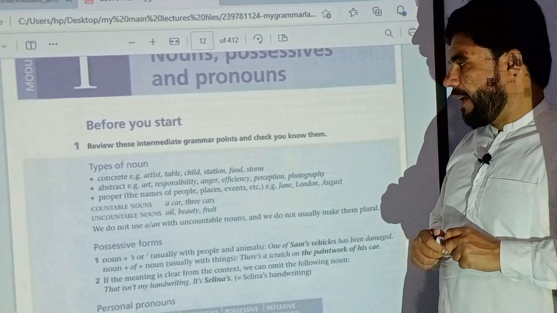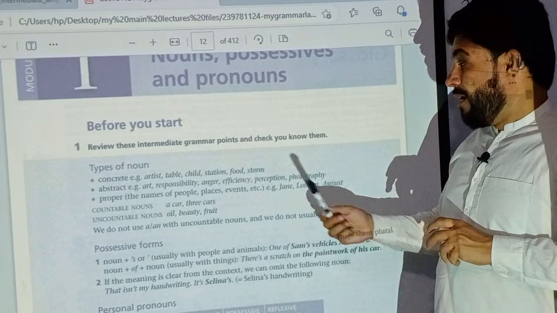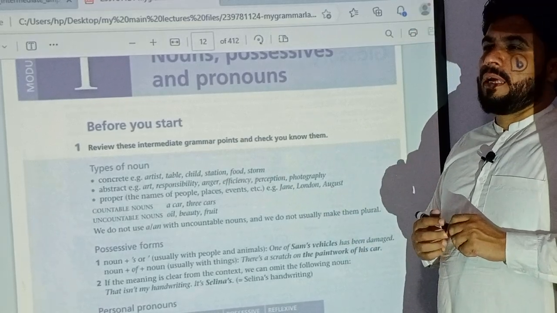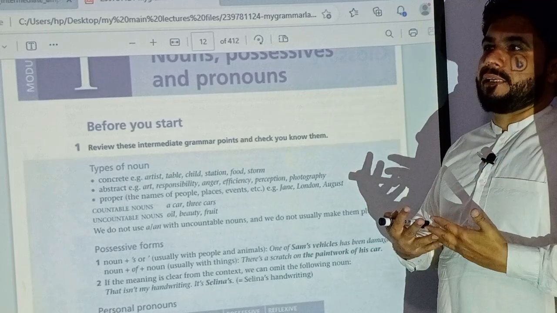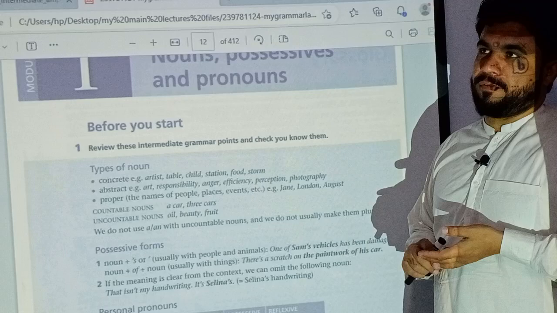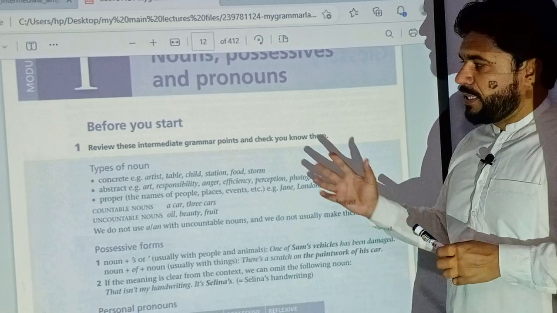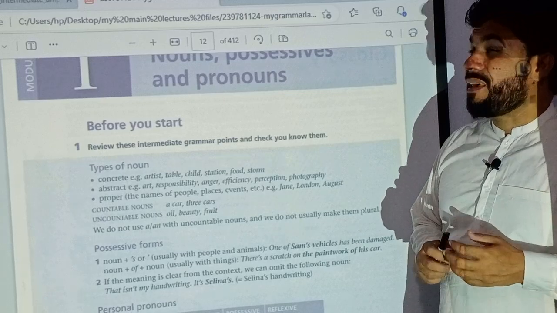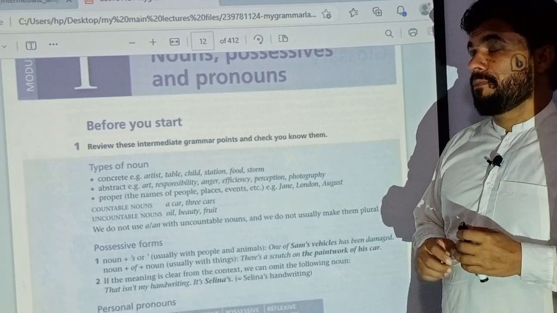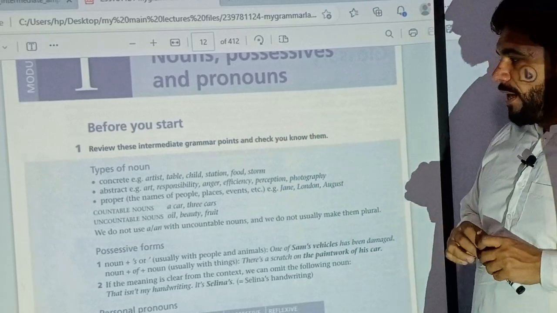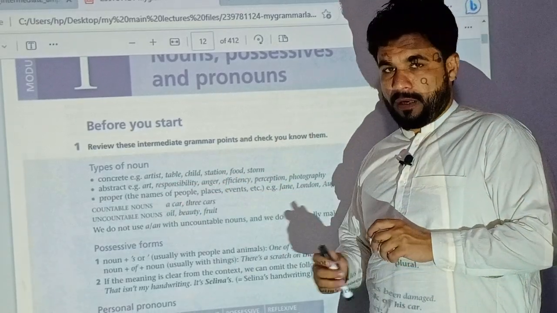Responsibility, anger, efficiency, perception. Photography. Now photography is a field, it's an occupation, just like art is a field of studies or work. So these are abstract nouns. They cannot be touched, they can be felt, but you cannot apply all your five senses to this category of noun.